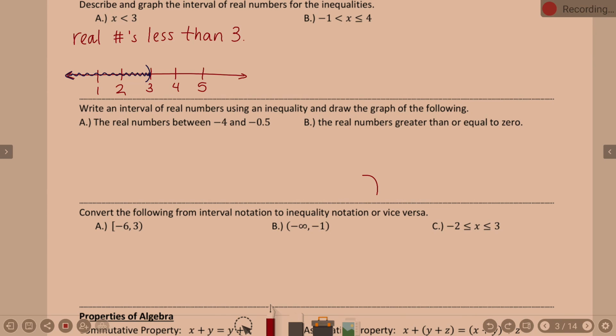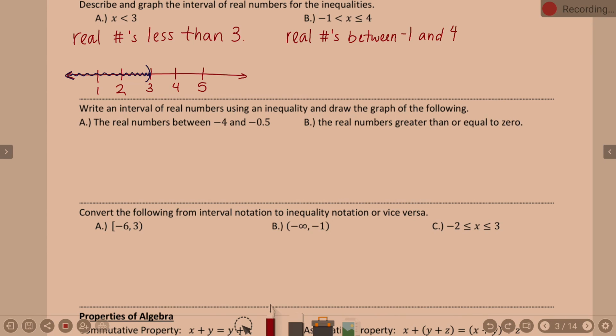Between -1 and 4, right? So when you see something like this, it's saying the numbers between -1 and 4. And so I'm actually going to put this as real numbers between -1 and 4. And I'm not opposed to what Katie said at the beginning.